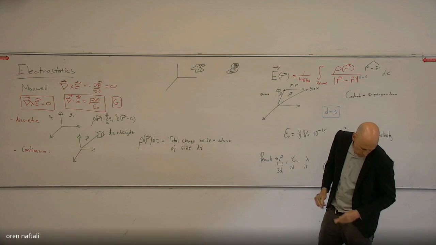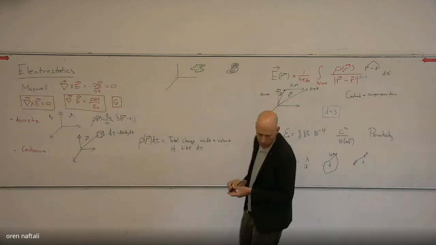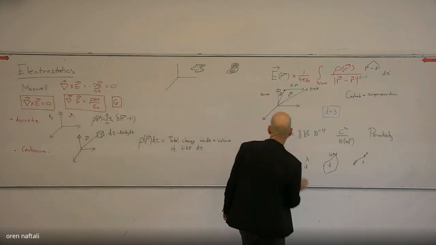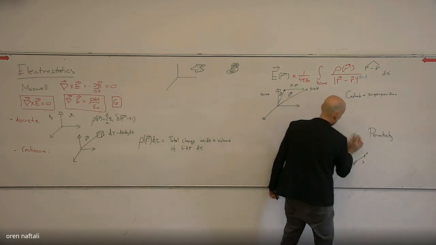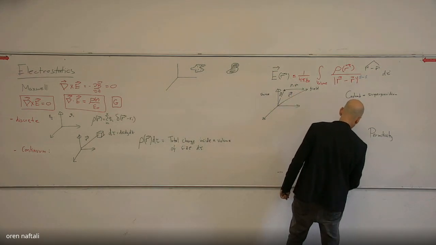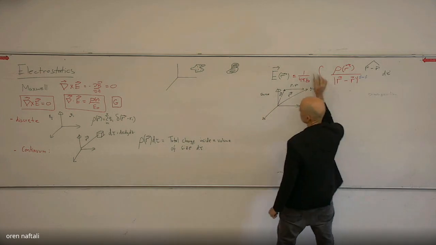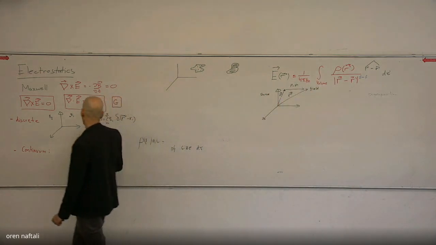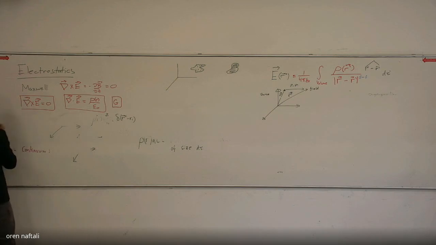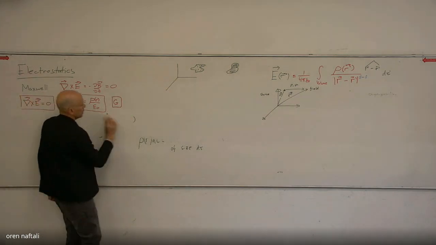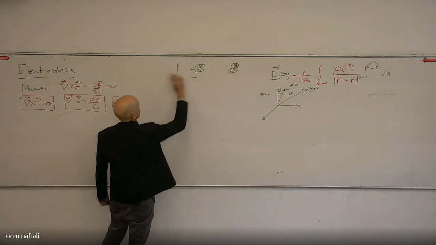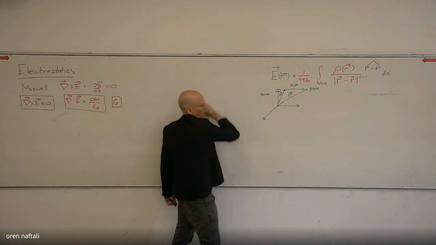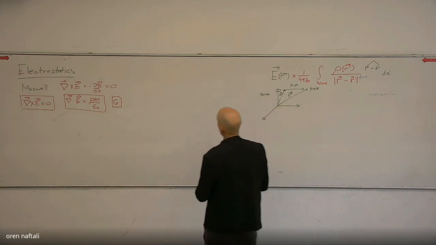Okay, so now let us briefly discuss some consequences of this. The simplest consequence, which is very useful: as I mentioned, this equation is ugly, and electric fields are in some sense ugly, because in Cartesian coordinates we have E in the x direction, E in the y direction, and E in the z direction.